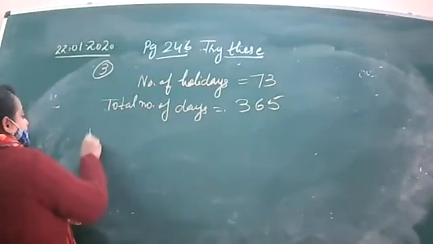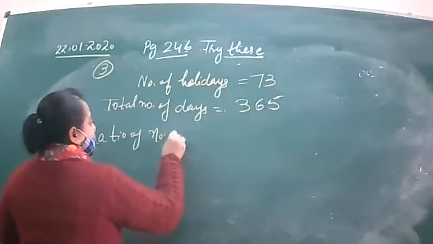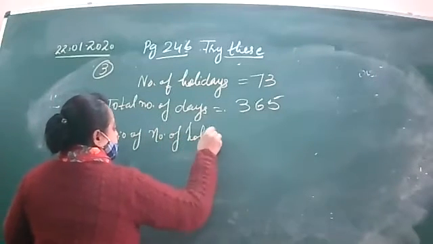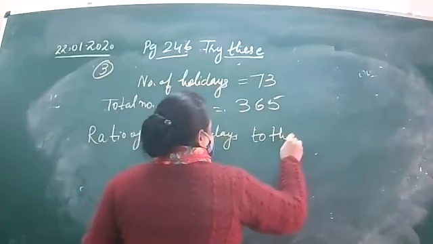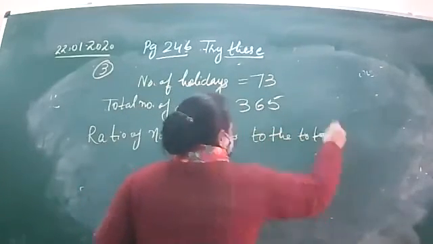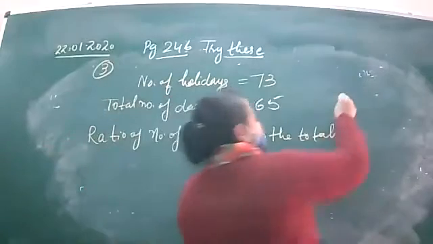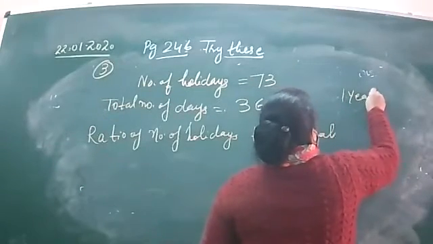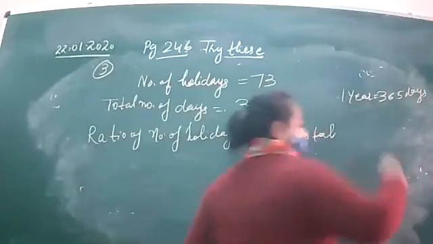Now write down ratio of number of holidays to the total number of days. So here you will write 1 year is equal to 365 days.